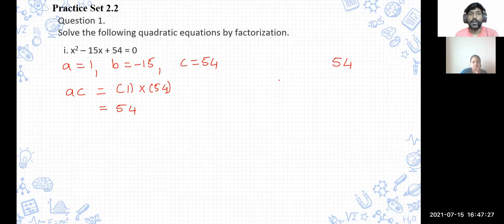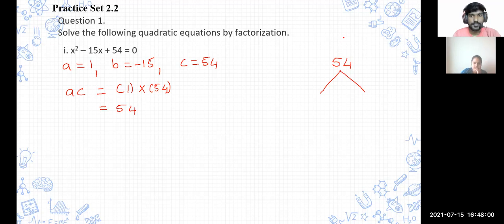Okay. Now this 54, you have to split into two such numbers. Listen carefully. Can you see 54 written on the screen at the right hand side? Now I have written 54 at the right hand side.